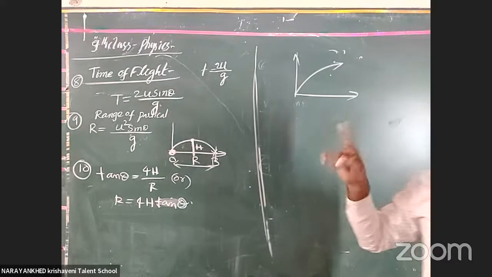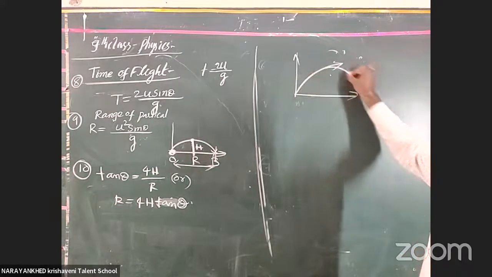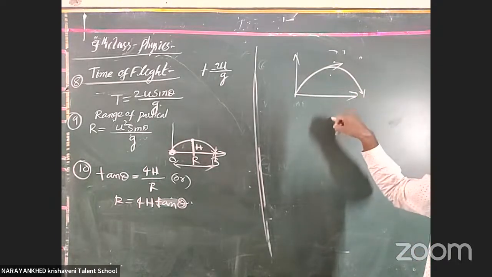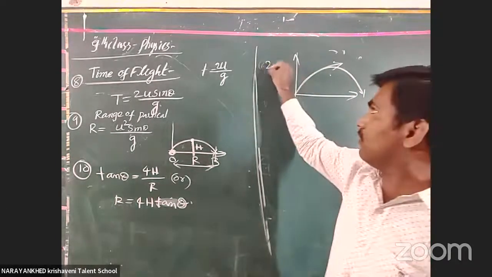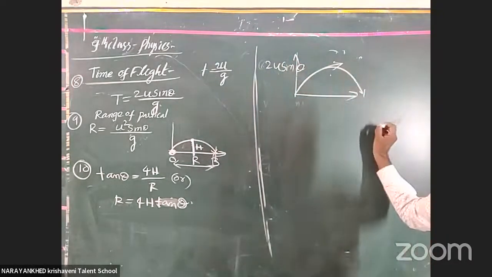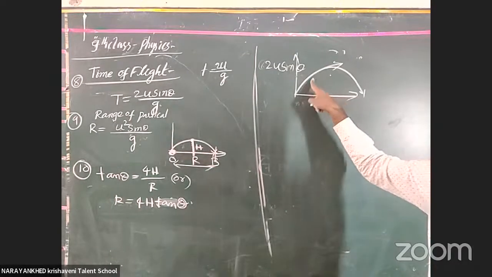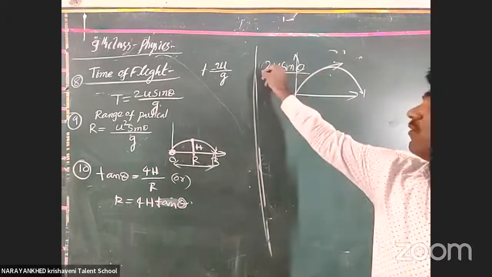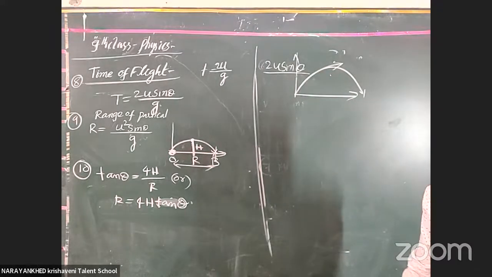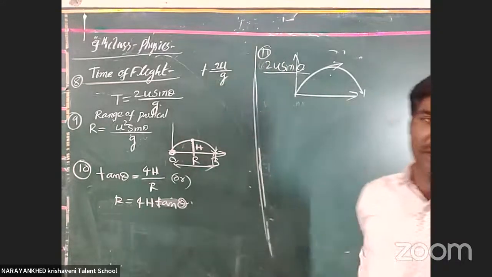But when the body comes towards the ground, the change in velocity, the vertical component, is 2u sin theta. With theta it varies, that is 2u sin theta. Got it or not?